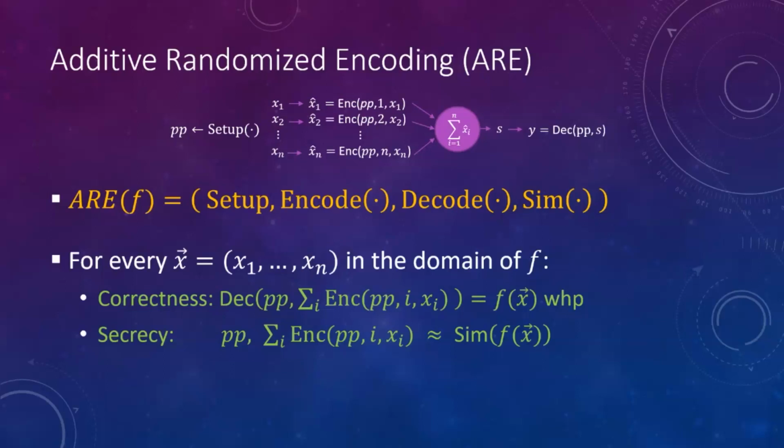If everybody does what they're supposed to be doing, then the thing that you get after decoding is the value of the function. And secrecy. You have a simulator that given only the output of the function can simulate the view of that protocol. And as usual, simulating the view, you can think about it as either perfect simulation, statistically close, or at least computationally indistinguishable.